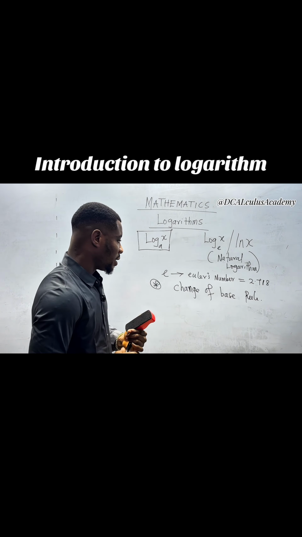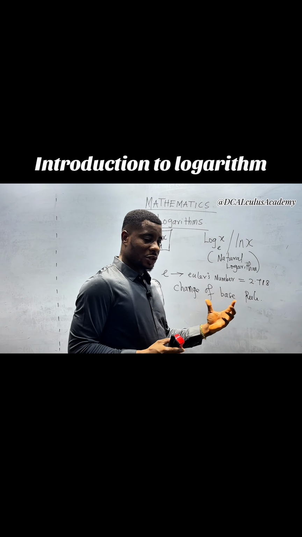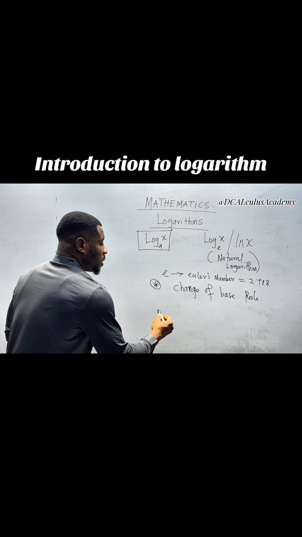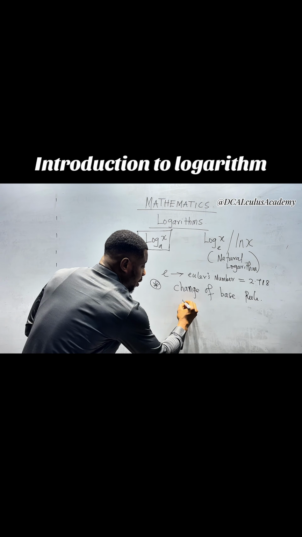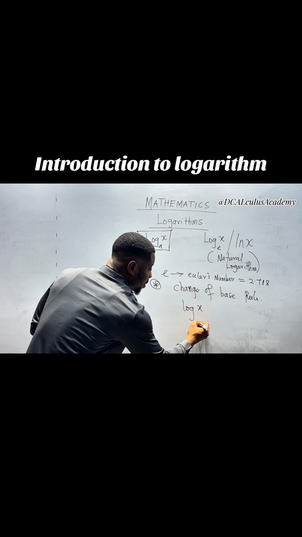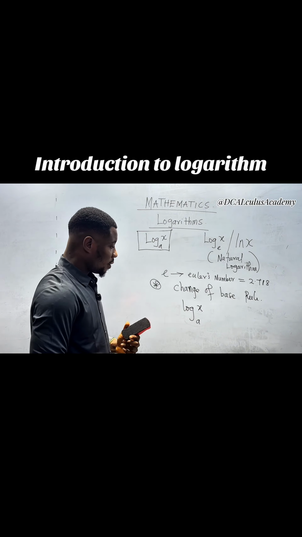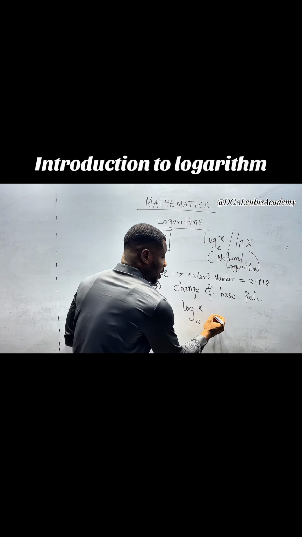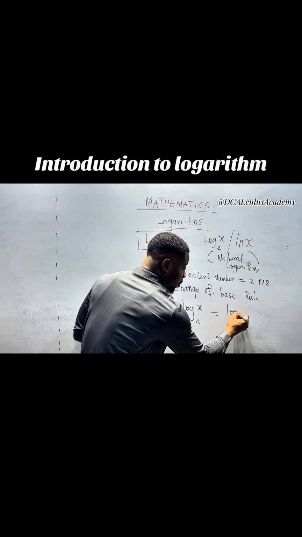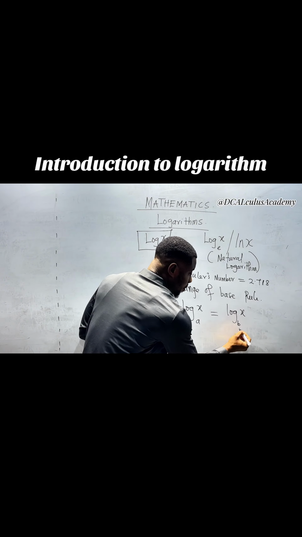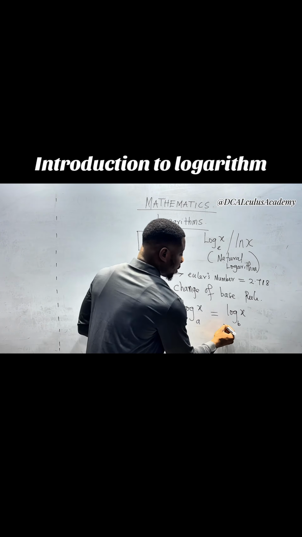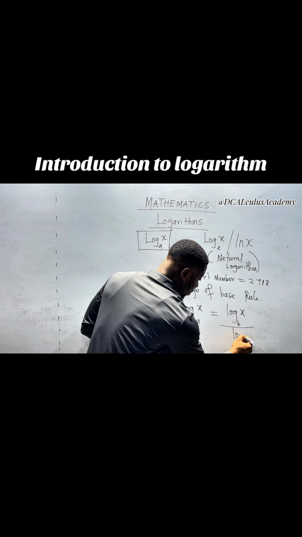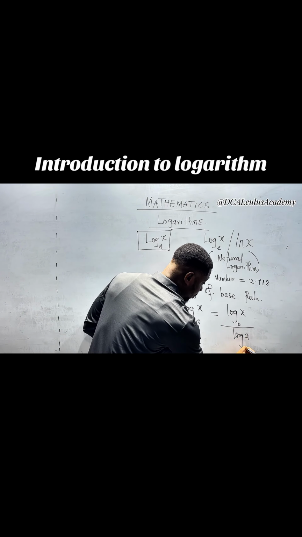As the name implies, change of base means I could decide to change the base. Let's say I have log of x to base a, and I want to change the base. I could say this is equal to log of x to a particular base b, divided by log of a to the same base.